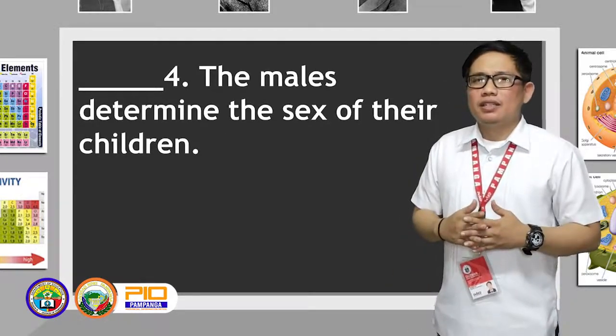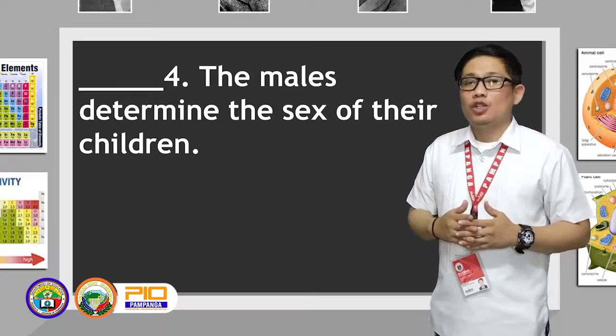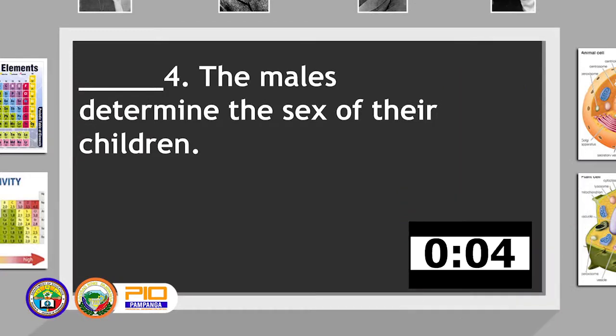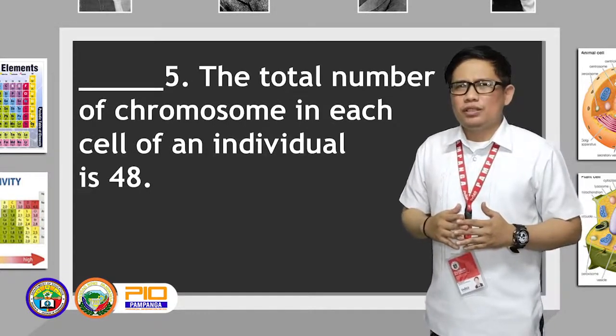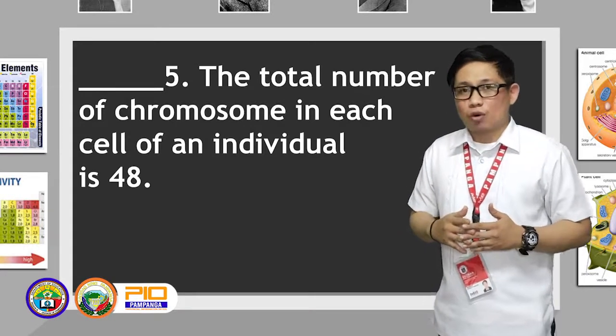Number 4. The males determine the sex of their children. True or false? Number 5. The total number of chromosomes in each cell of an individual is 48.